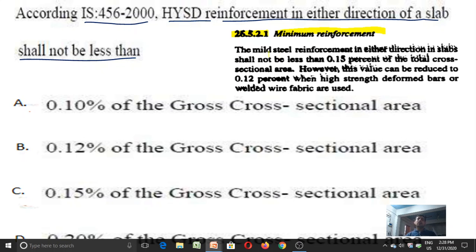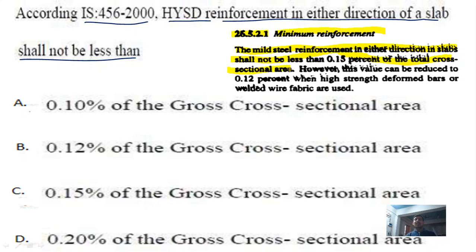What is given here? The mild steel reinforcement in either direction in the slab shall not be less than 0.15% of the total gross cross-sectional area. So what do you mean by this? What do you mean by mild steel? Mild steel is nothing but Fe250 grade.